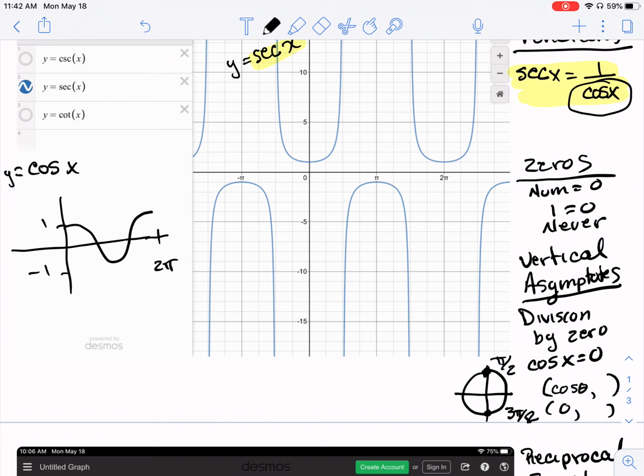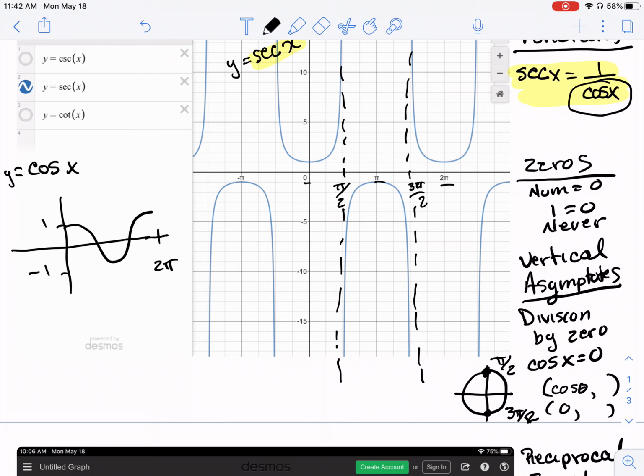So you can see if we go back up here, notice this x-axis goes 0, pi, 2 pi. Pi over 2 is exactly halfway between 0 and pi. So there's our vertical asymptote. 3 pi over 2 is 1.5 pi, so that's halfway between pi and 2 pi. So there's my vertical asymptote at 3 pi over 2.